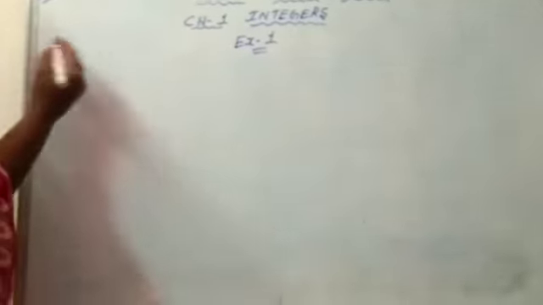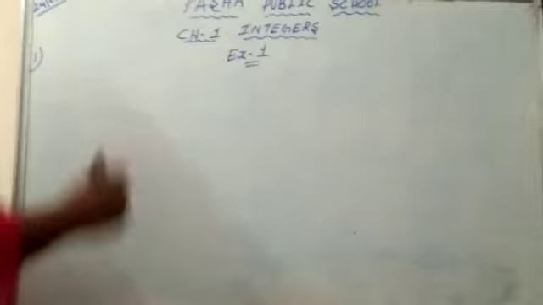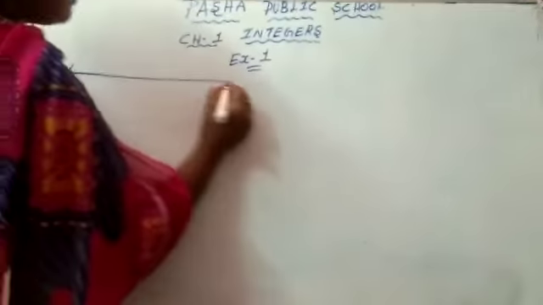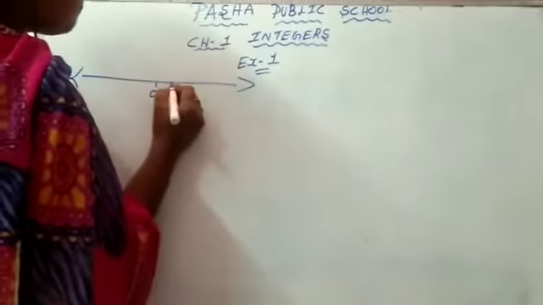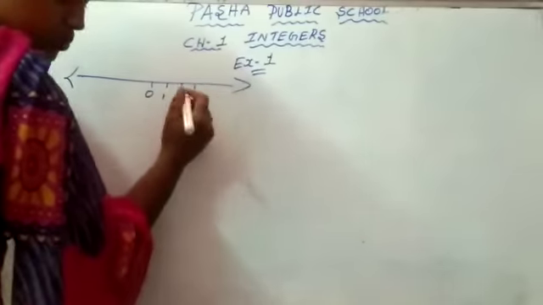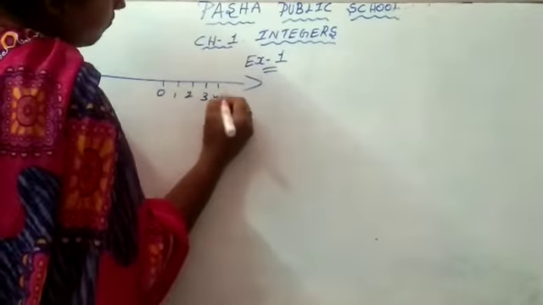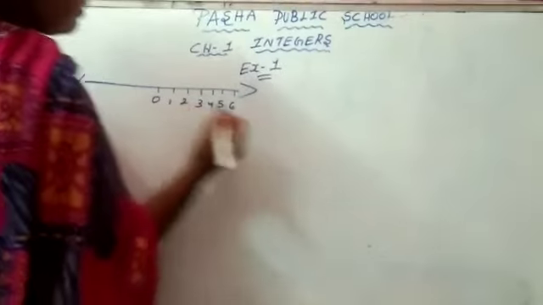Now exercise number 1. You need to write this in your class book. What is your first question? Some integers are marked on the number line, which is biggest and which is the smallest. Like this number line in your textbook: 0, 1, 2, 3, 4, 5 and 6.